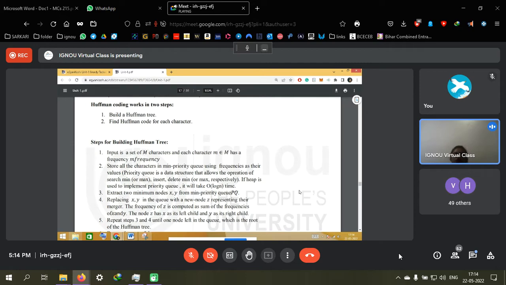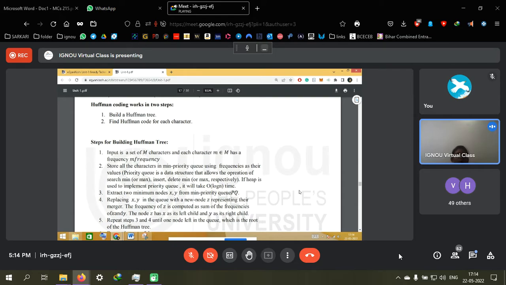In data structures, you know the priority queue. You can make it for min or max, just like a heap tree. Insert, delete as per min or max. If a heap is used to implement a priority queue, it will always take log n time.